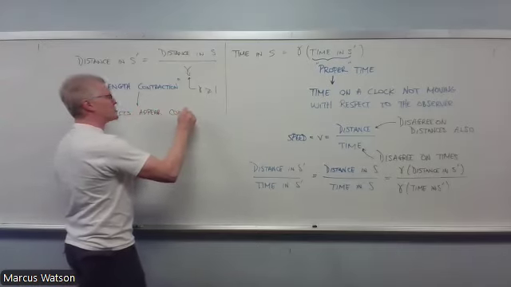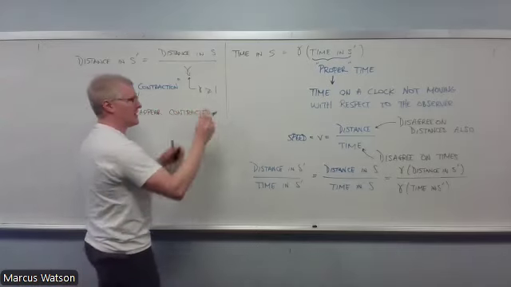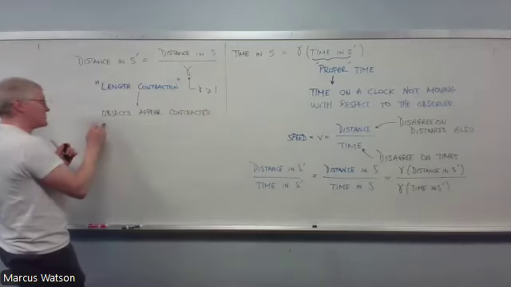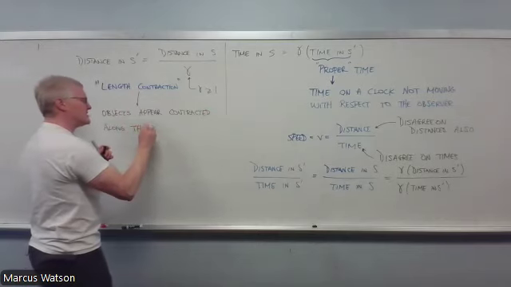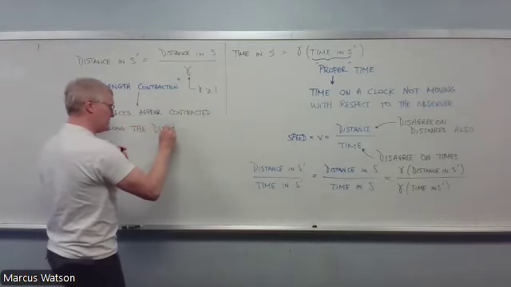They appear to be contracted. In other words, they are shortened along the distance of their travel. I shouldn't say distance, I should say along the direction of their travel.